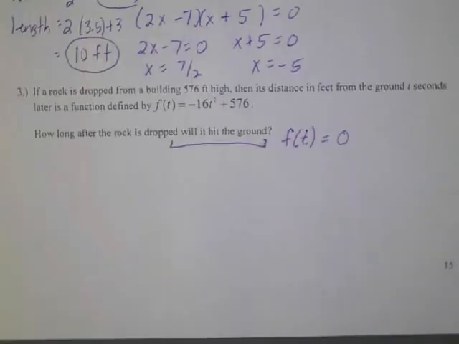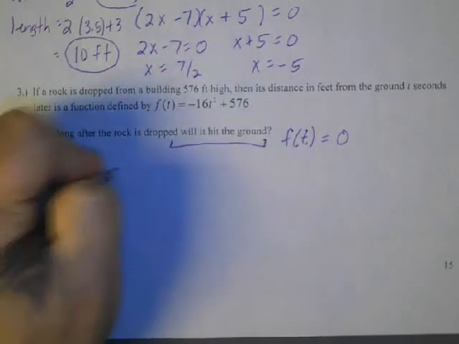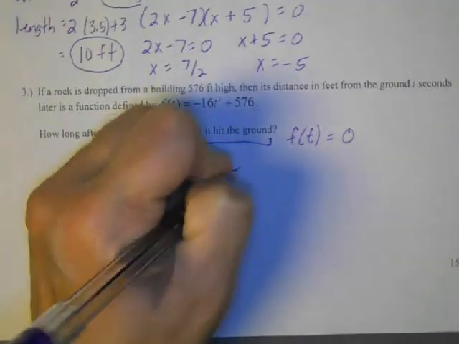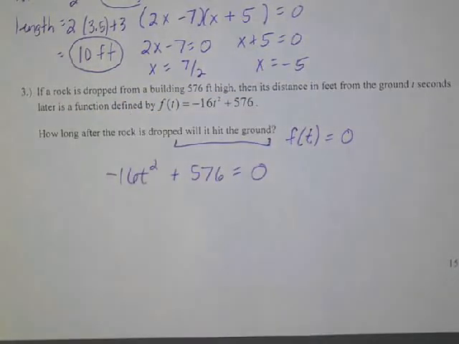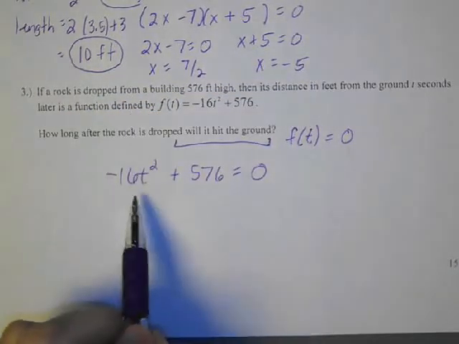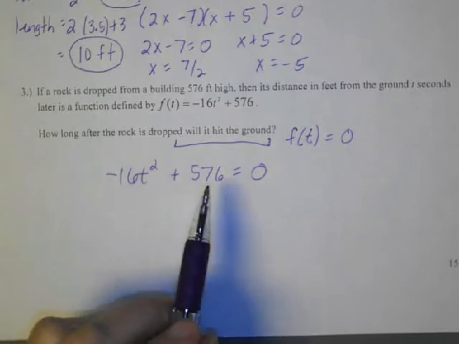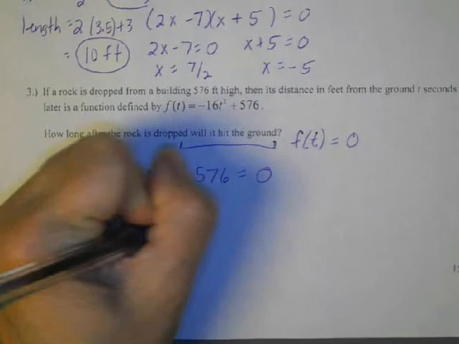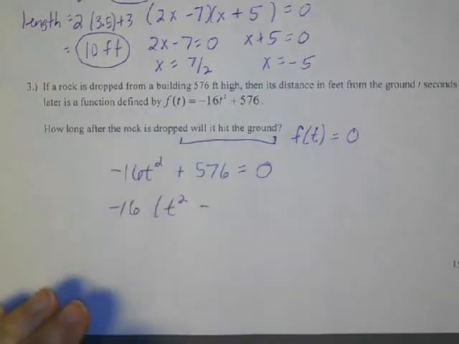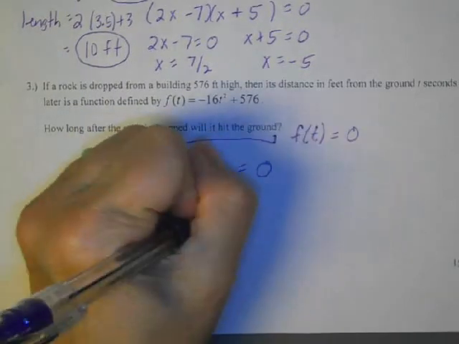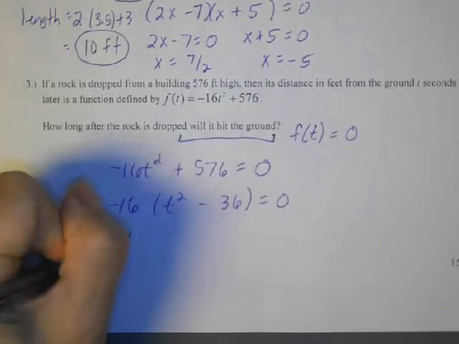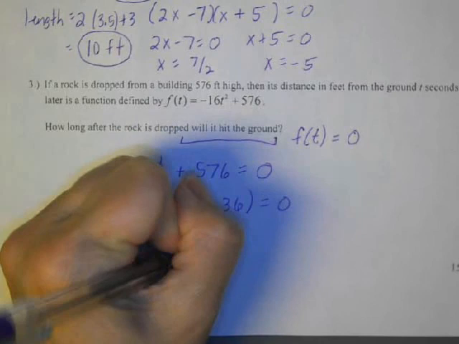So we're going to take our negative 16t squared plus 576 and just set it to 0. I'm going to look for my GCF. It is negative 16, so I'm going to factor that out. I'm going to change my sign because I took out a negative. I'm going to get a 36. I have a difference of squares, so I'm going to factor.